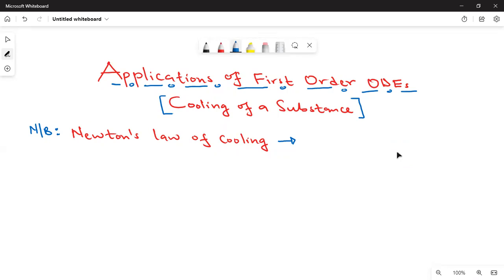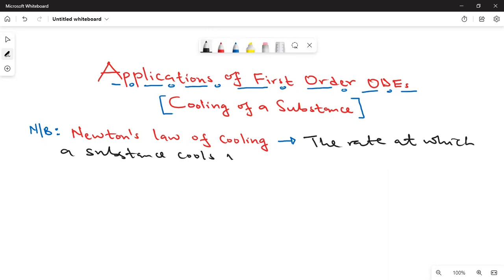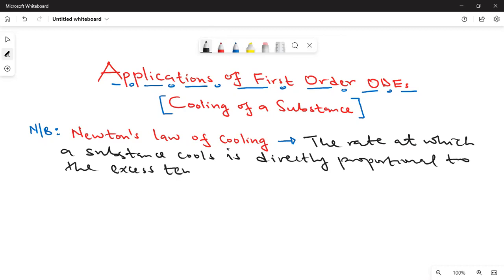Let us state it. Newton's law of cooling states that the rate at which a substance cools is directly proportional to the excess temperature above the room temperature.